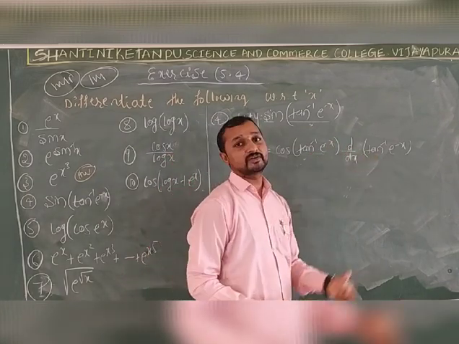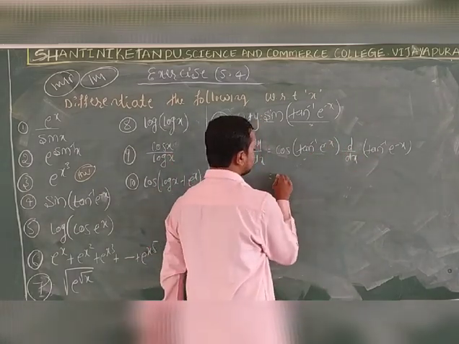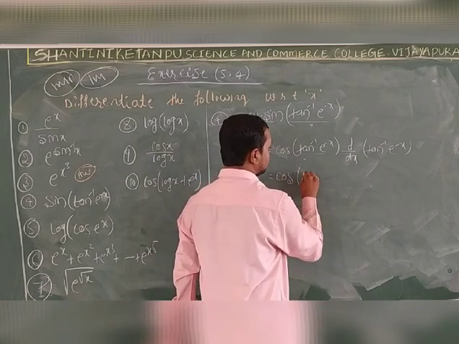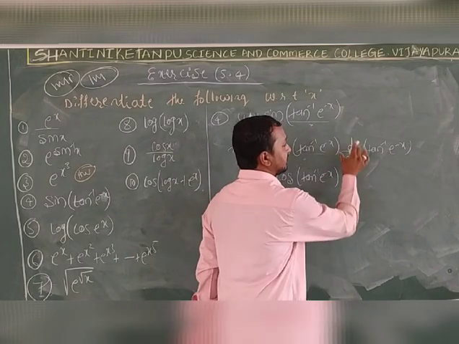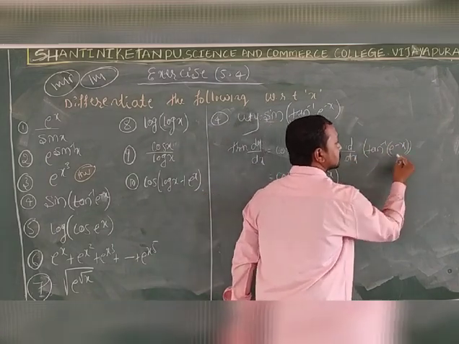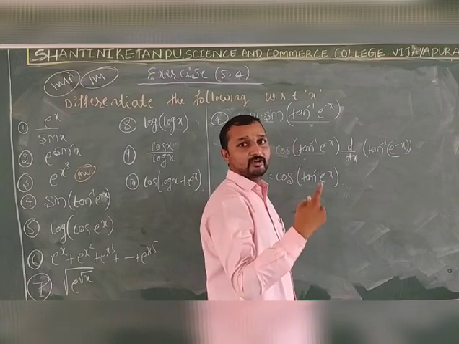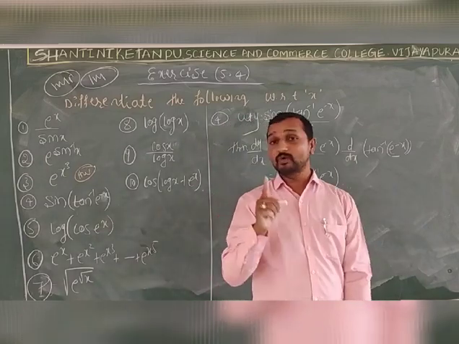So differentiate this function again. That is equal to cos of tan inverse of e raised to minus x as it is. Then the derivative of this is the tan inverse of x part. What is the derivative of tan inverse of x? 1 divided by 1 plus x square.